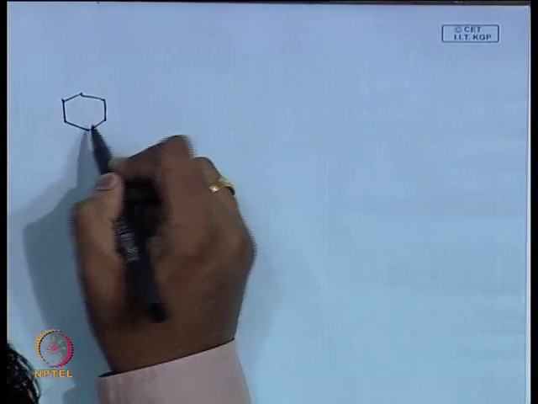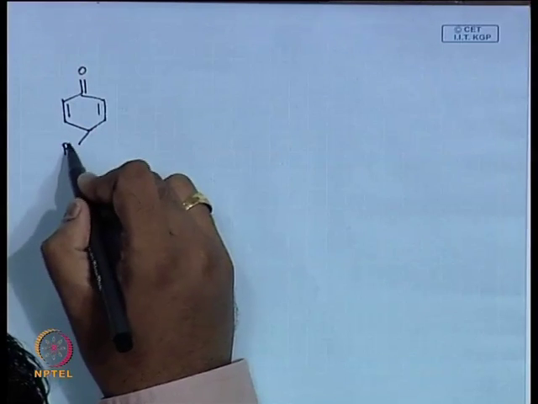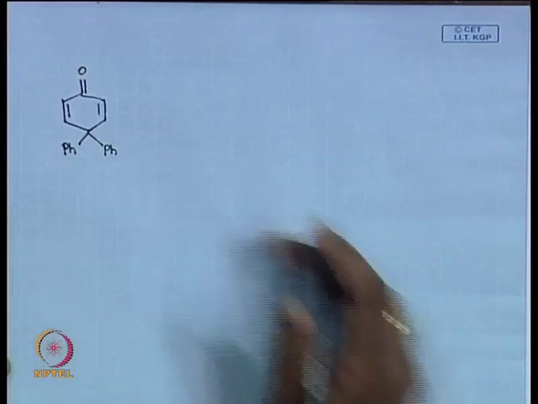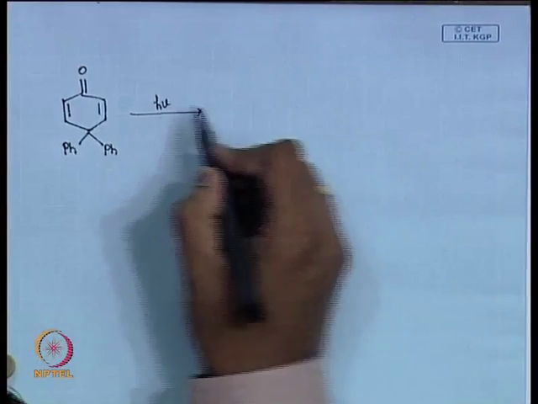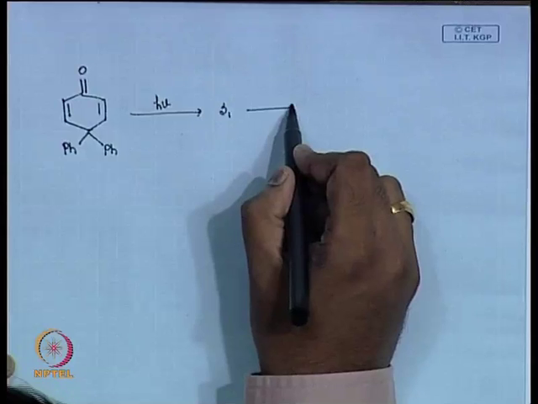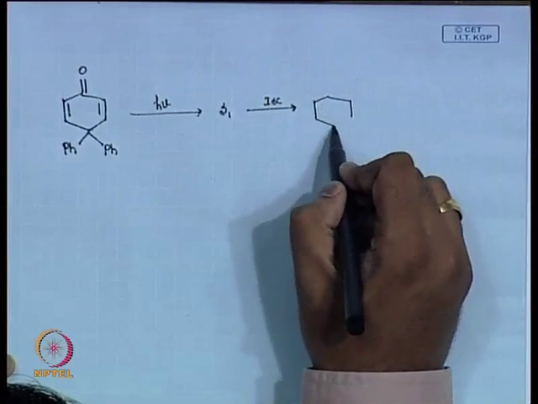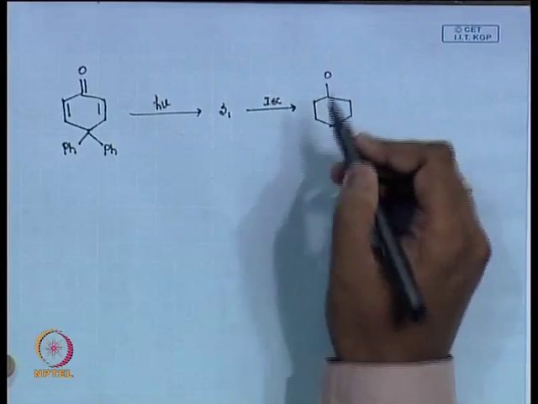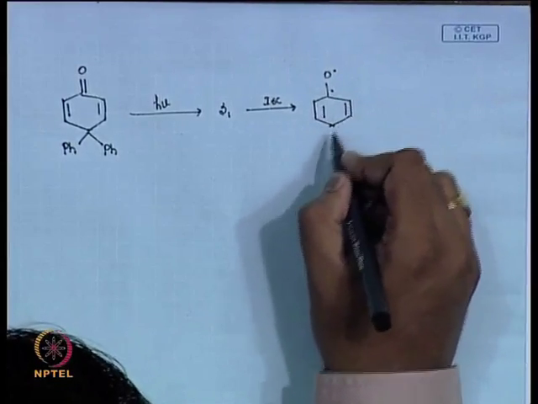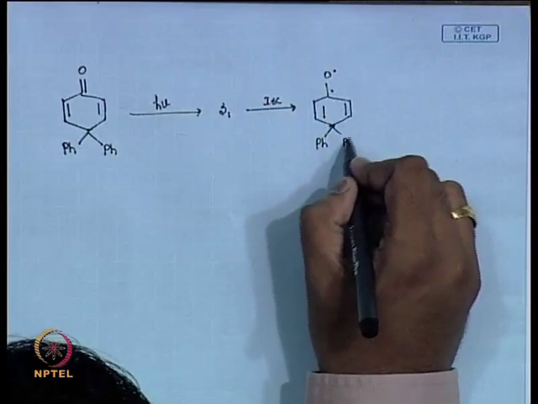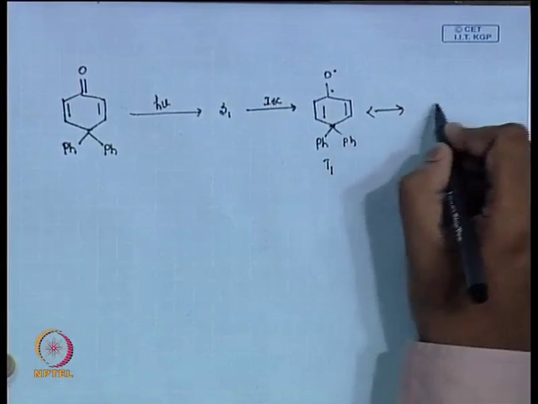So, once you photolyze, you get the singlet, which undergoes inter-system crossing to give the triplet. You can write this pretty well like this.